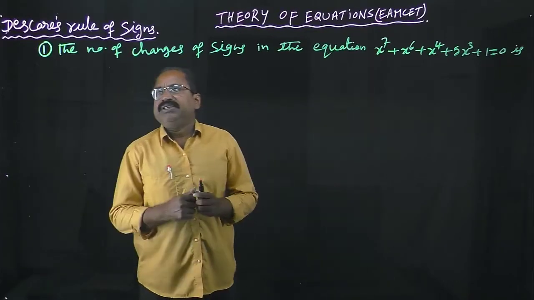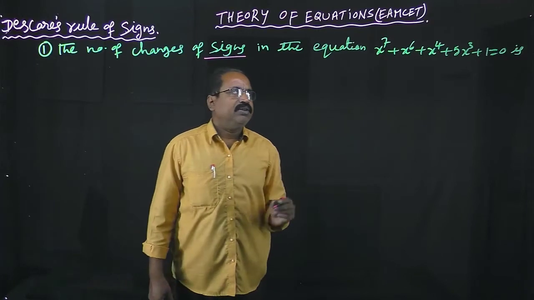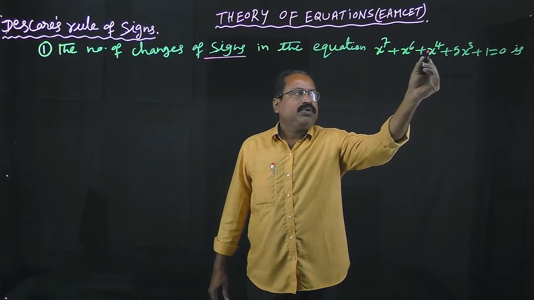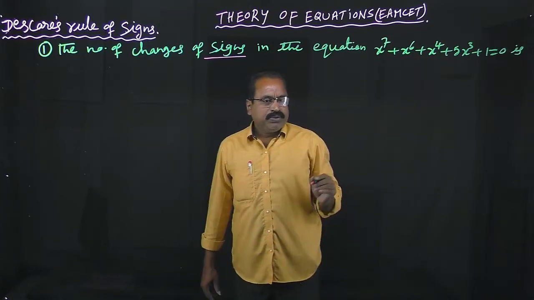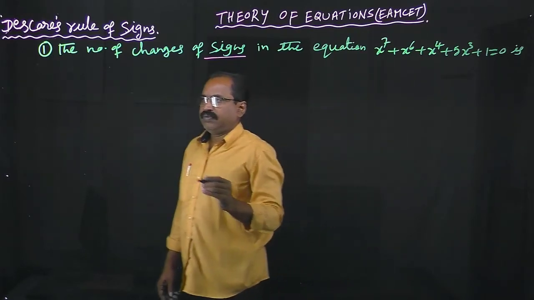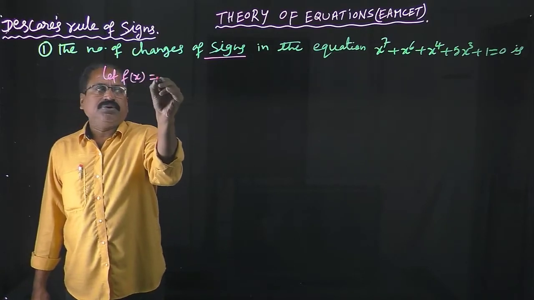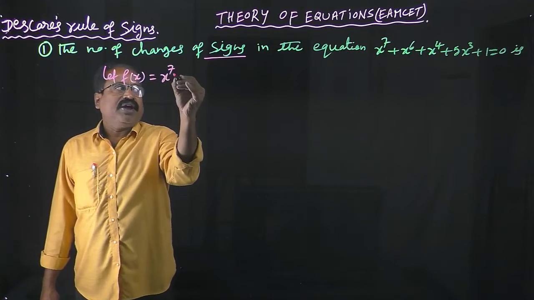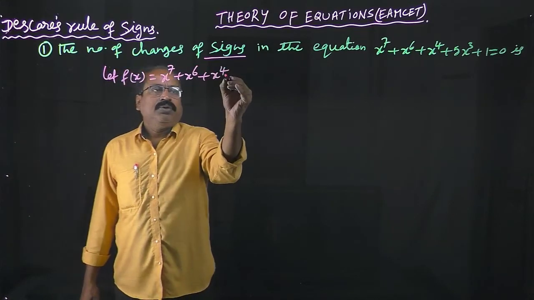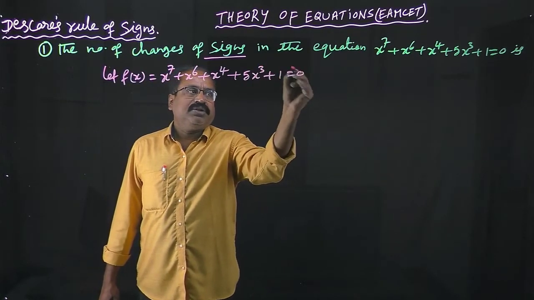So first question is, the number of changes of signs in the equation x^7 + x^6 + x^4 + 5x^3 + 1 = 0 is. Let f(x) = x^7 + x^6 + x^4 + 5x^3 + 1 = 0.